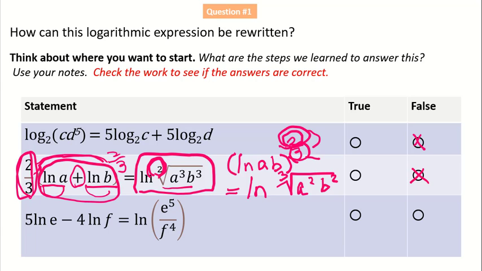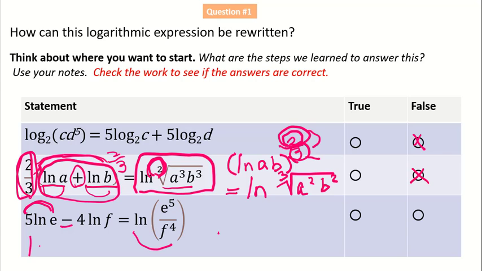Let's look at the last one. When we have subtraction, it's division. All right, so I'm kind of looking ahead at what my answer should be. We're going to go ahead and put this 5 here.